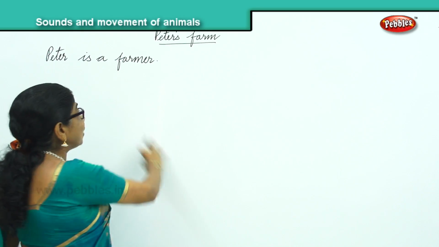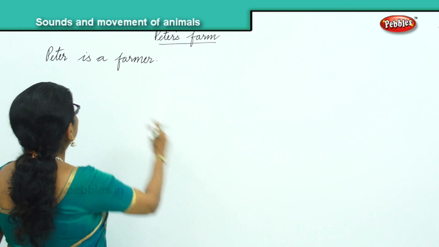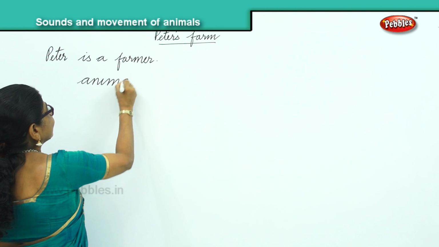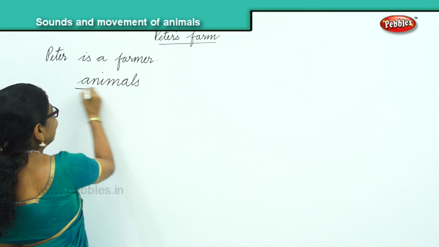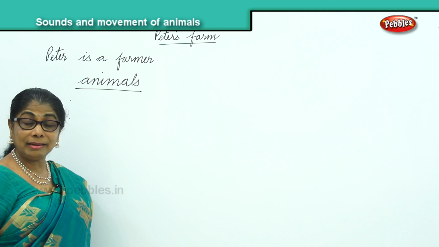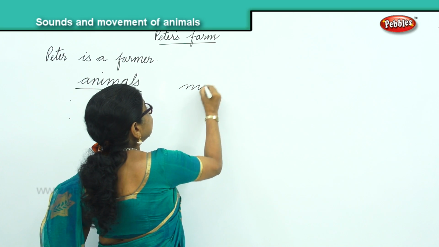So we'll write here. I'm going to write for you. Here's Peter's farm and he's a farmer. He's got several animals here. Now I'm going to write here animals. So we will write all the animals in Peter's farm. Then remember, they move about. Animals move.